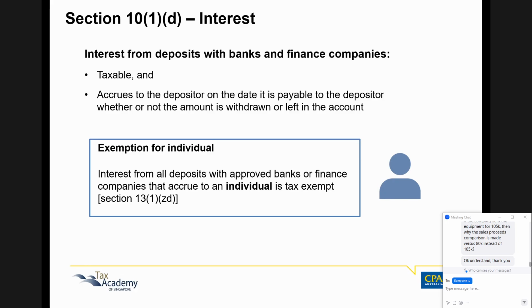So as at now, all these are relating to trade. Then you add your other taxable sources in your tax computation.